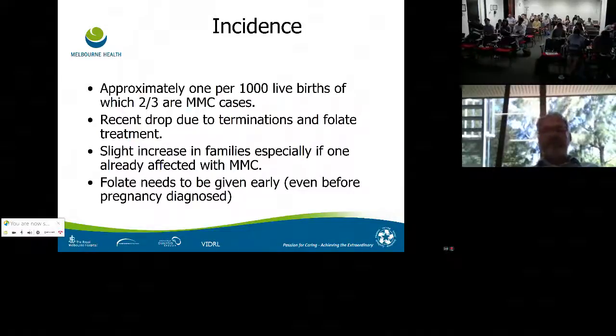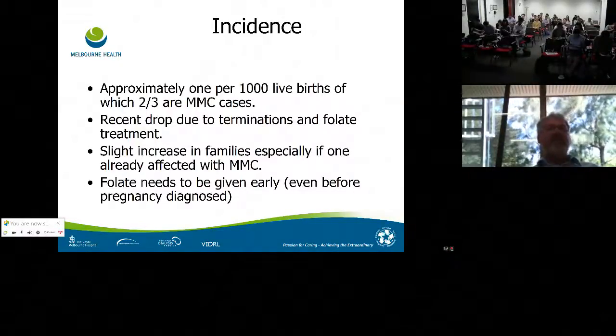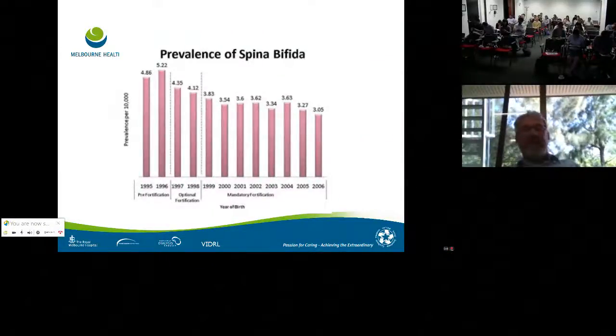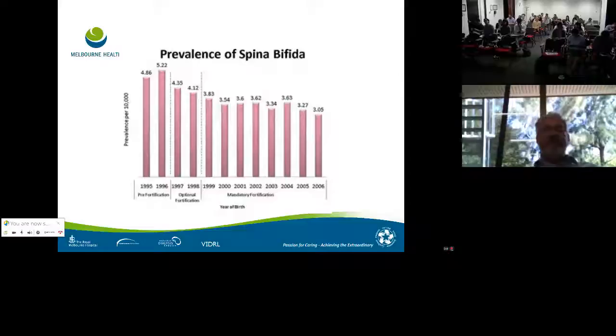And there is a slight familial increase in incidence. Looking at the prevalence of spina bifida up to 2006, there has been an improvement from a high of 5.22 to around 3.3 or so in the mid noughties, so to speak.